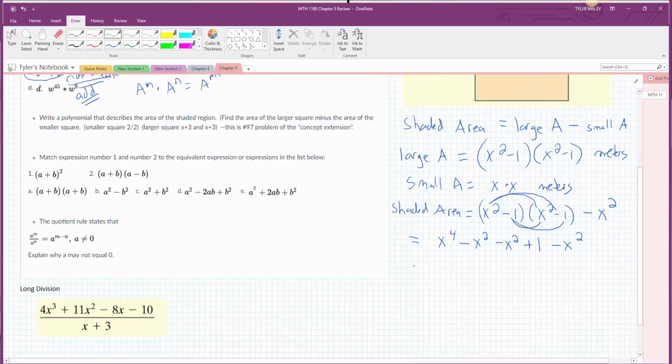Right? So this will give me x to the 4th minus 3x squared plus 1. And this is in meters. Right, so this would be the shaded area in terms of x. It's just a matter of setting this up and simplifying.